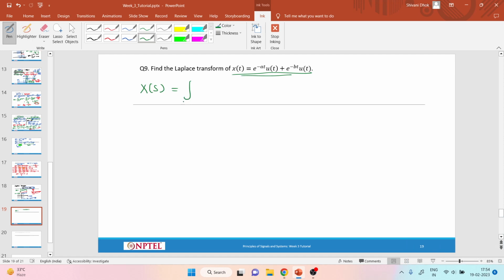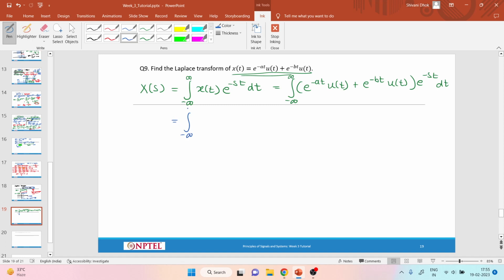So your x of s is the integral from minus infinity to infinity of x of t e power minus st dt. This is equal to the integral from minus infinity to infinity of e power minus a t u of t plus e power minus b t u of t, times e power minus st dt. This I can write by separating the integrals.